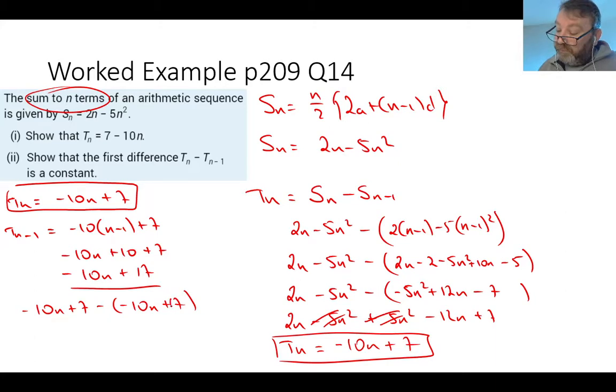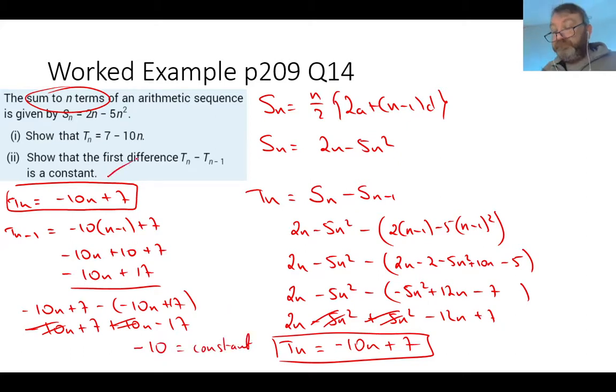Drop the brackets: minus 10n plus 7, plus 10n, and minus 17. The 10n's cancel, plus 7 minus 17 is minus 10, which is a constant, as they asked. That's it.